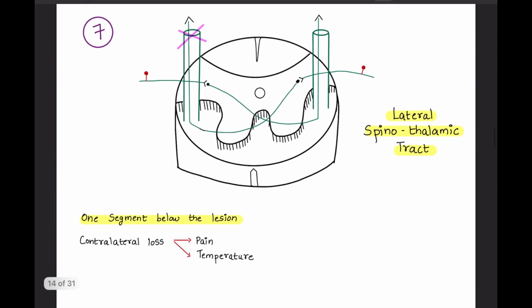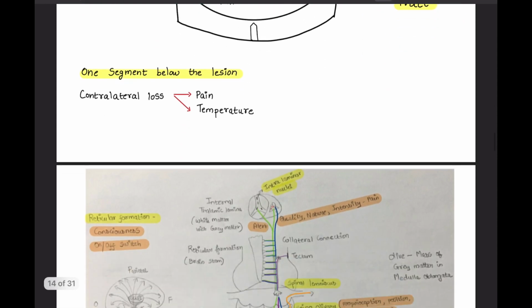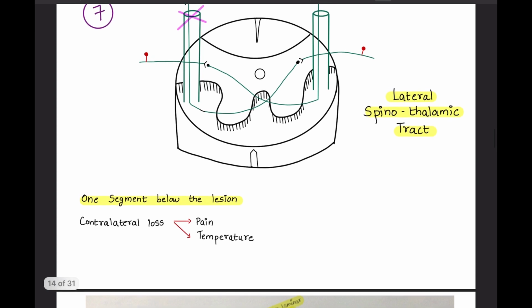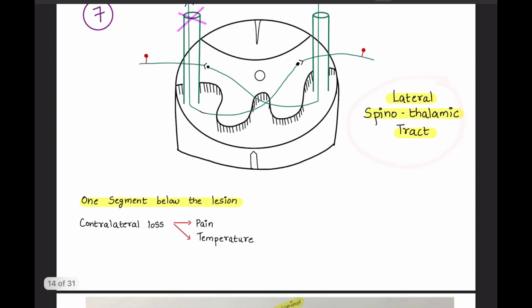In the 7th case, the patient has a lesion in the lateral spinothalamic tract. So please know the pathway of this lateral spinothalamic tract. In this tract, the sensory nerve fibers enter the spinal cord and cross, then move upwards.